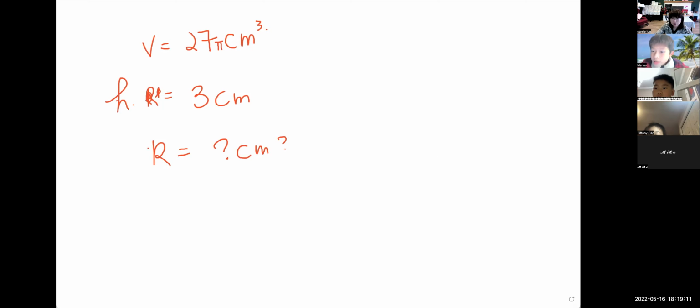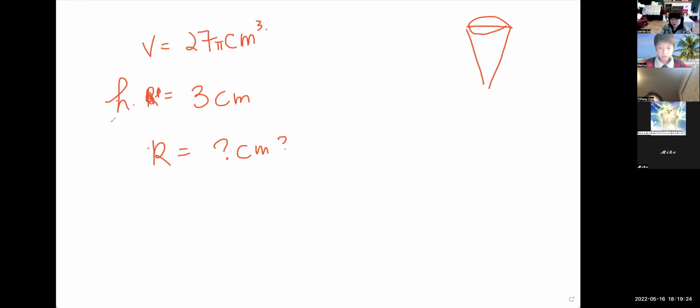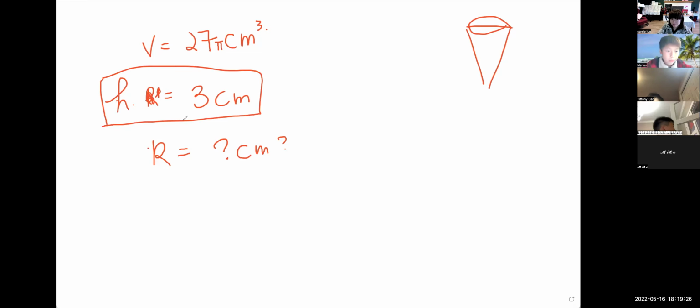Oh yeah. Okay, so I have told you, I have a cone, okay? So inside the cone, the volume is 27 pi centimeter cubed. And the height of this cone is 3 centimeters.